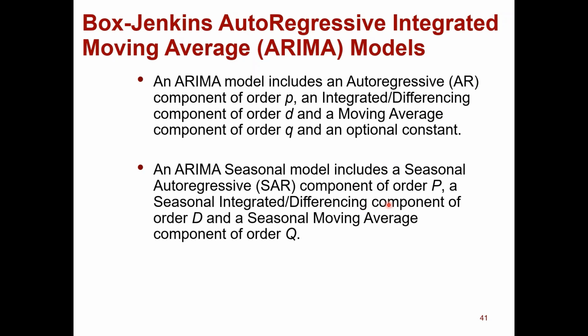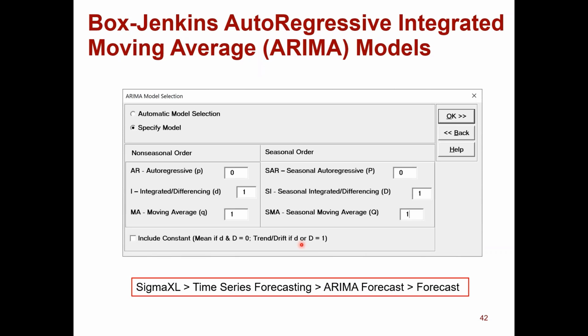And we build a model using order lowercase p, integrated differencing component lowercase d, and a moving average component lowercase q. And then for a seasonal component, we have uppercase P, uppercase D, and uppercase Q. And these are model orders that are used in ARIMA. We touched on that in part 2, and now we're going to use it for control chart purposes.